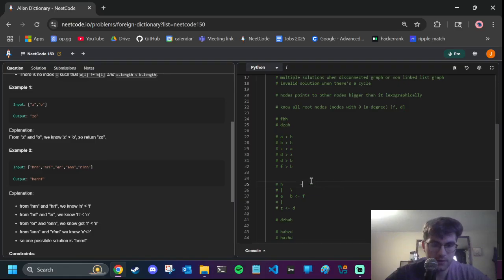Let's say if H connected to X, which also connected to Y, which connected to, I'm just going to change these.